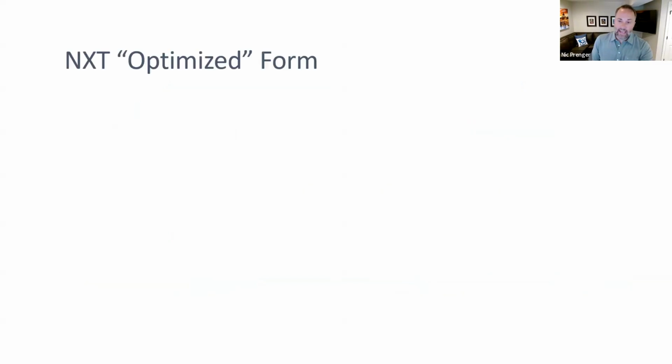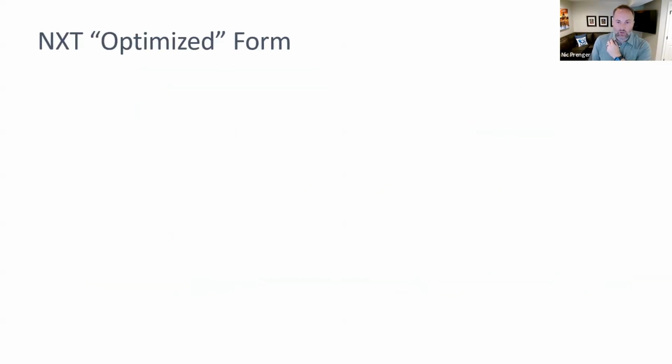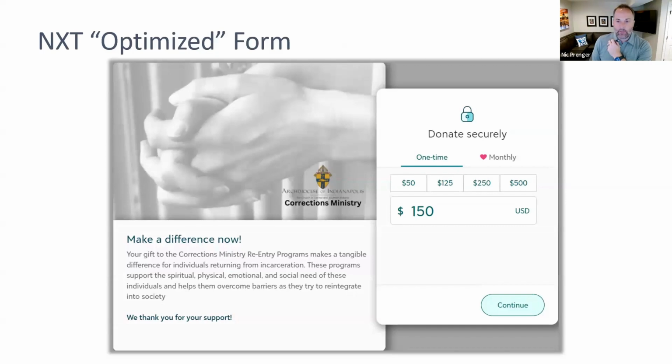Last form, NXT optimized form. Let's do this in short order, and then we'll spend the next half hour talking about the really interesting stuff on donor cover. What is, Jen Briganti, the optimized form? This is the one that I would say is designed to compete with all the other online giving platforms that have really slick giving forms.